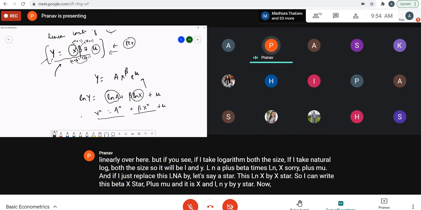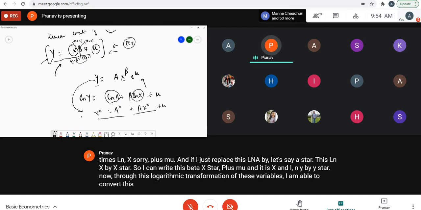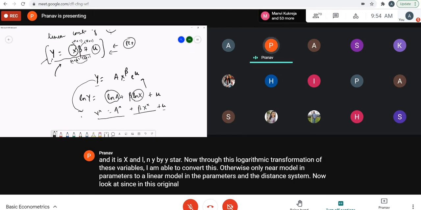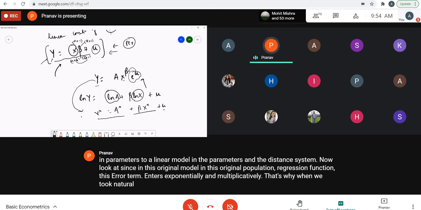Now, through this logarithmic transformation of these variables, I am able to convert this otherwise non-linear model in parameters into a linear model in the parameters and the disturbance term. Since in the original population regression function this error term enters exponentially and multiplicatively, when we took the natural log on both sides, it enters additively in the transformed model.